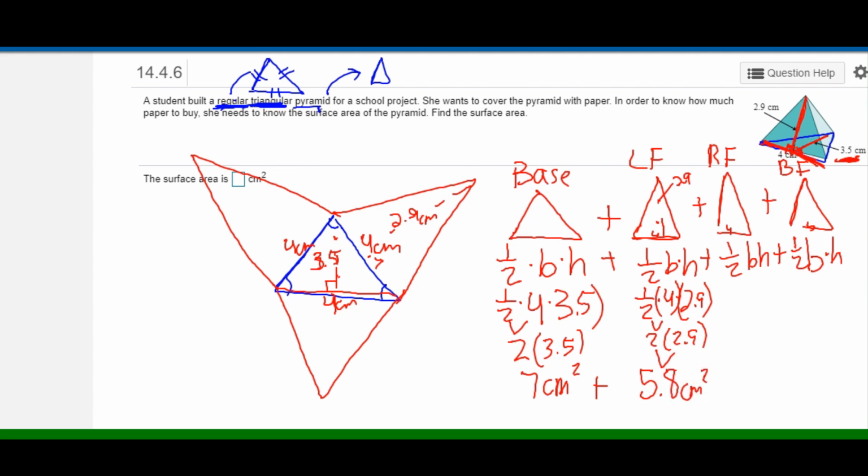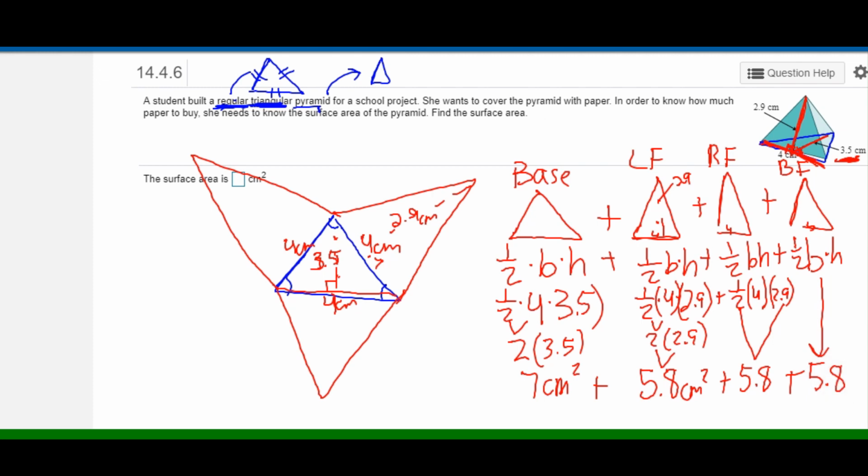Now this figure has the exact same dimensions, 1/2 times 2 9/10 times 4. I don't have to do the math again. I know it's going to be 5 8/10 because the areas of all of the triangles are exactly the same, since they take up the same amount of space.